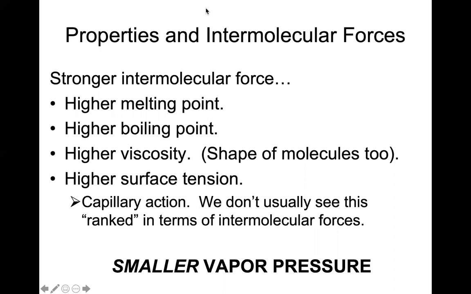We need the hydrogen atom's electron to go to the more electronegative atom. And then we need to end up with a really clear partially positive and partially negative, and the size of that partially negative atom allows the neighboring hydrogen to get quite close to it.